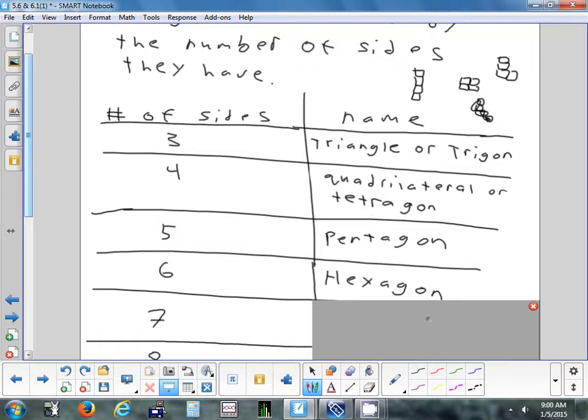Okay, how about seven? There's two prefixes that mean seven. When we're counting, the prefixes we generally use are million, billion, and then trillion, there's your tri. And then four is quadrillion. For five, we use a different prefix, quintillion.